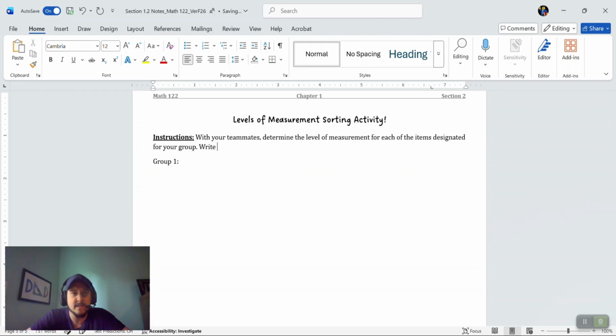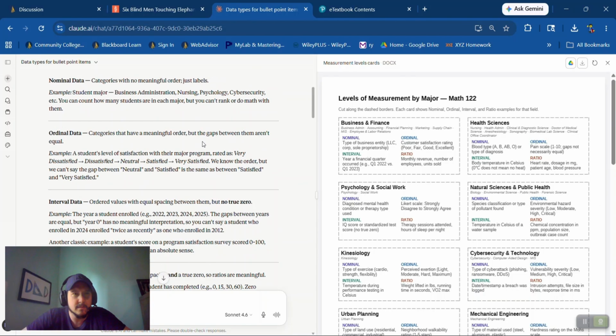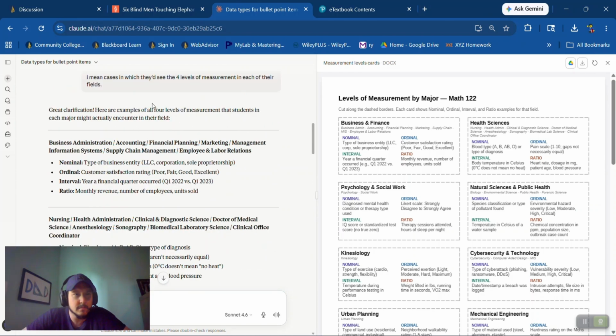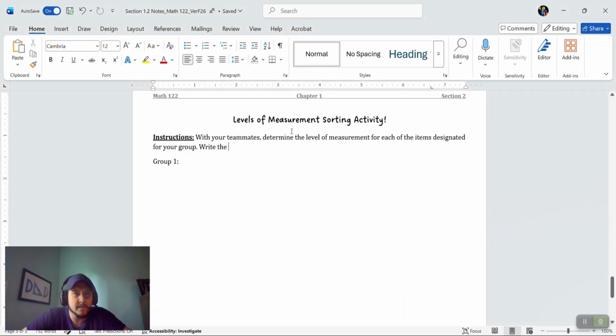And I'll say, write the data in its corresponding tier. All right, group 1.